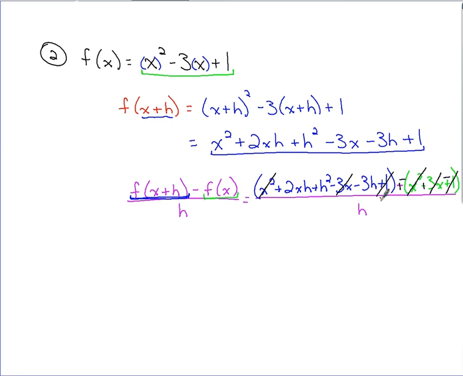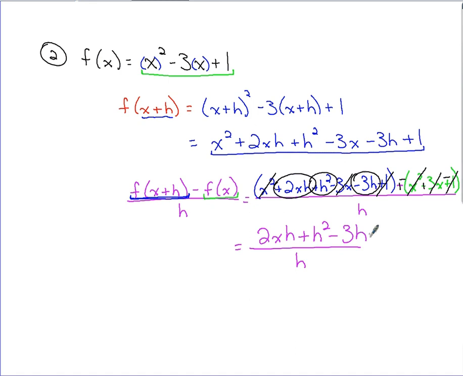And then our constants of 1 also cancel out. You've got a 2xh, you've got an h squared, you've got a minus 3h left. All terms that have an h in there. So if I write out the leftovers, so I can see this a little bit better, it'd be 2xh plus h squared minus 3h all over h.